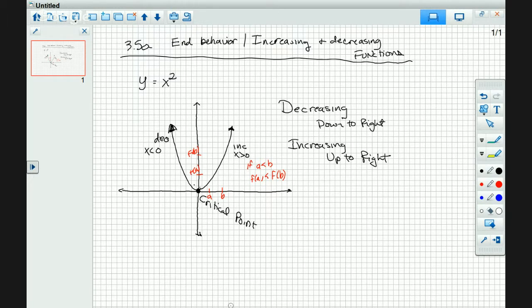And there's a similar one for decreasing. The signs are opposite. So I just wrote the signs are opposite, it's decreasing.